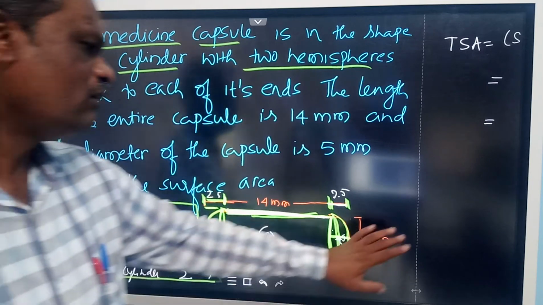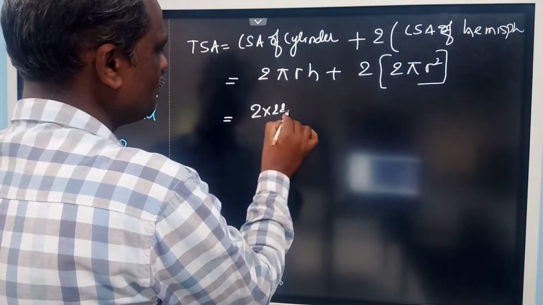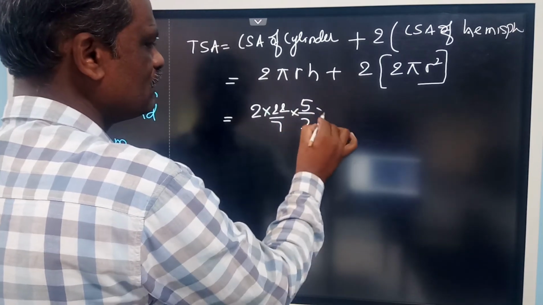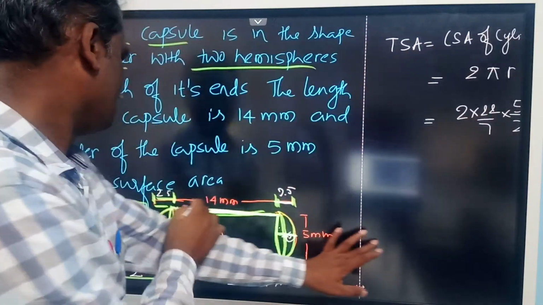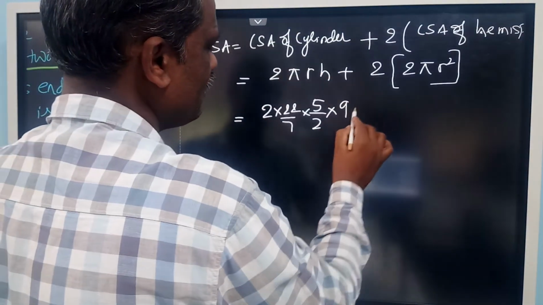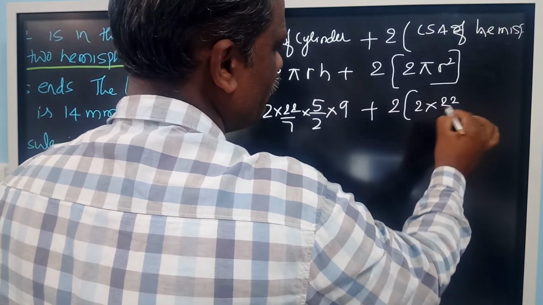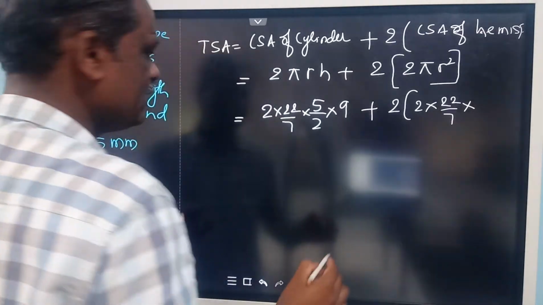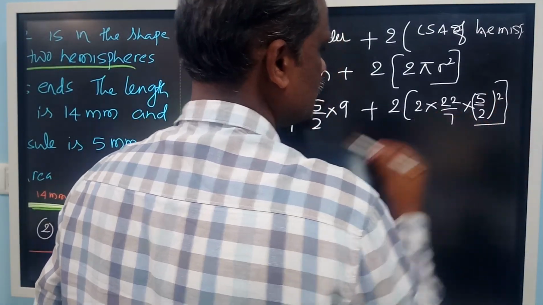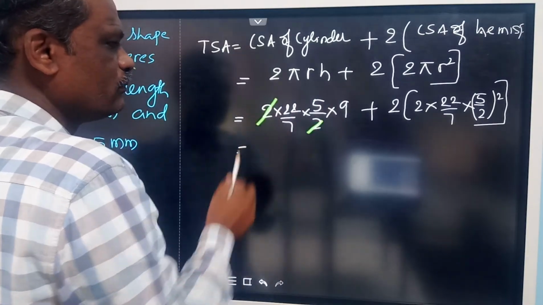Now substitute in the formula. 2 times pi, 22 by 7, radius of the cylinder 5 by 2, height of the cylinder 9 millimeter, plus 2 times 2 into pi 22 by 7, radius again 5 by 2 whole square. Simplify: cancel this 2 and 2.